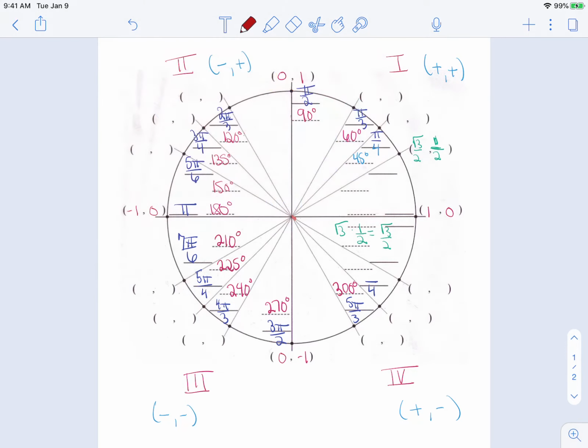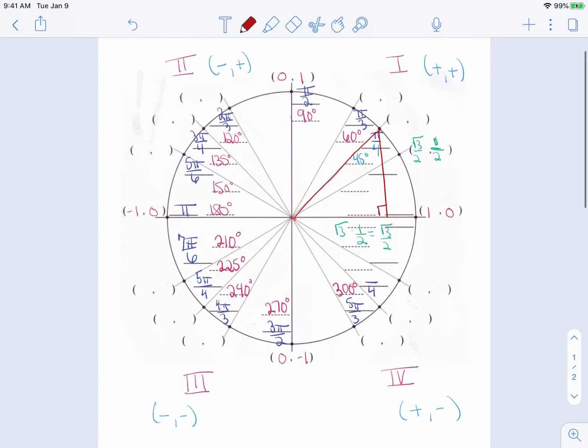Now I'm going to create a right triangle using the 45-degree angle. So this is showing 45 degrees. Well, that's 90, so that means this angle up here also has to be 45, right, to get to that 180. The only length we know is our hypotenuse, which is 1, because that's your radius.